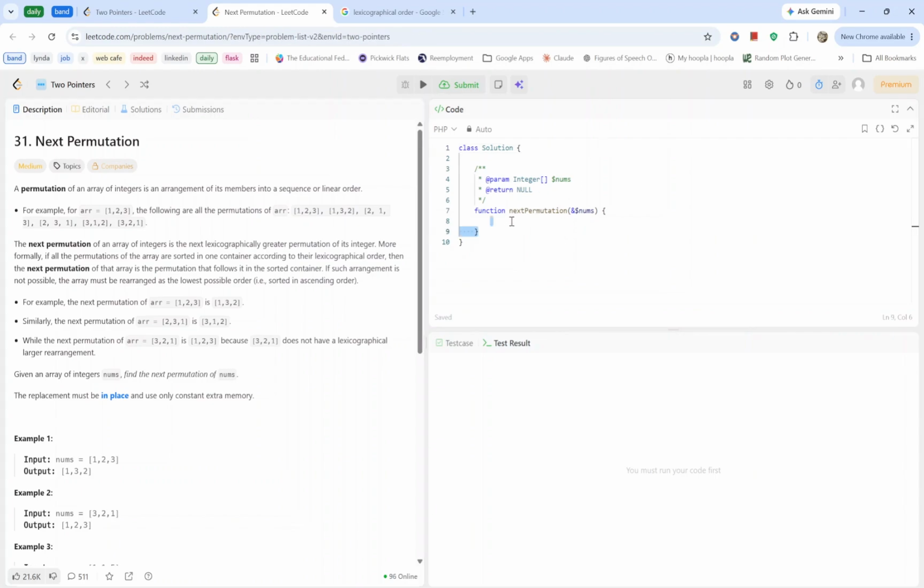If I do this right, I would probably have an array that will store all the different permutations, but not as arrays. I will store them as strings. So instead of an array with one, two, three, I just have one, two, three as a string in the array, and one, three, two in the array.